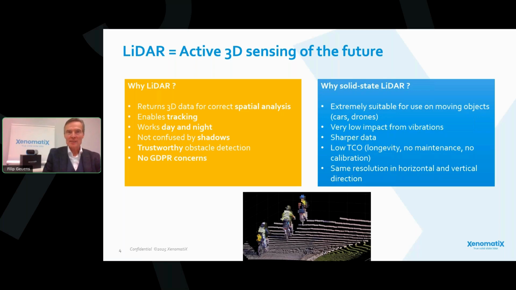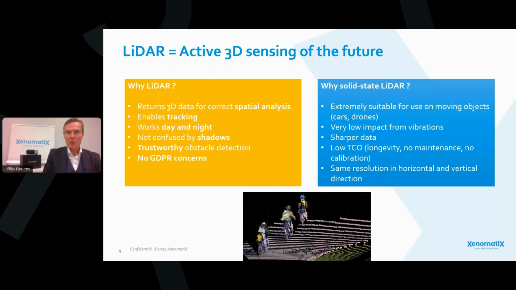And last but not least, LiDAR can detect humans but cannot identify specific individuals. The resolution of the LiDAR is much higher than radar, but the resolution is not too high to trigger GDPR concerns, unlike cameras. And this makes LiDAR very suitable for security and access control applications.